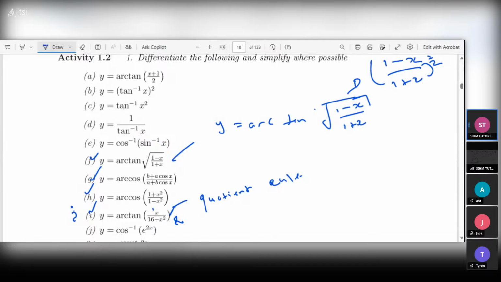You can even take this as negative, into the x squared plus 16, over x squared. So for you to understand, just try to simplify this in a good manner. From there, we can even say that we're going to go to the formula sheet.